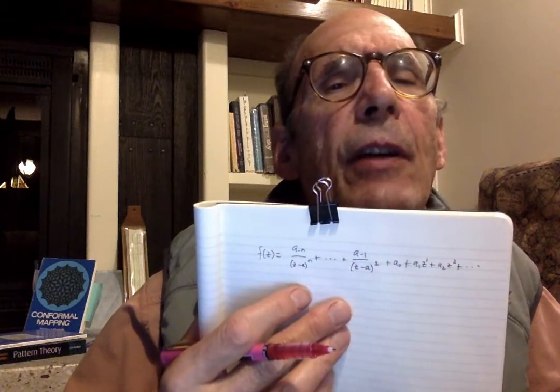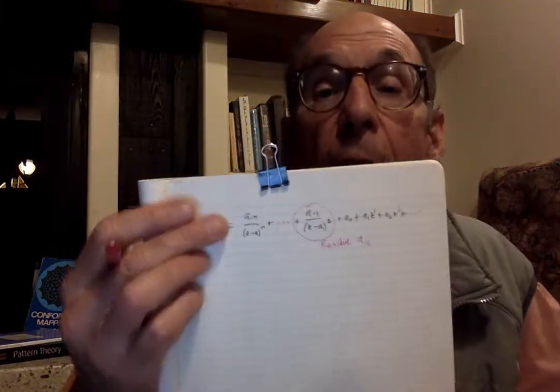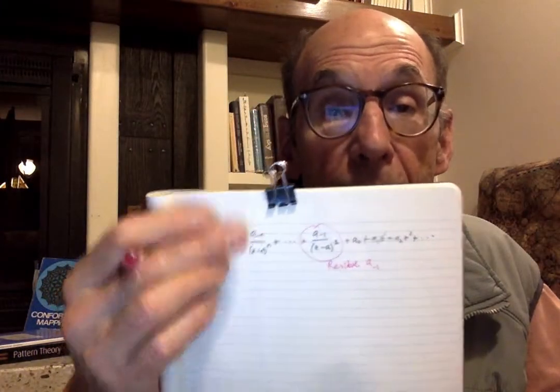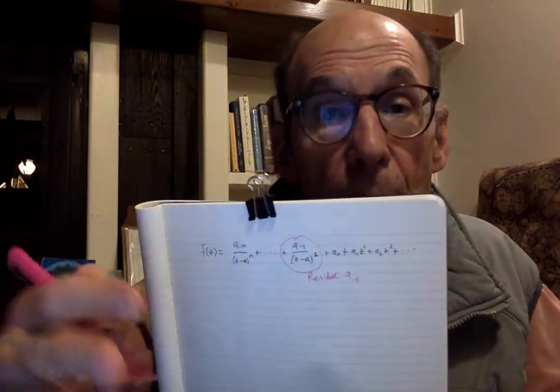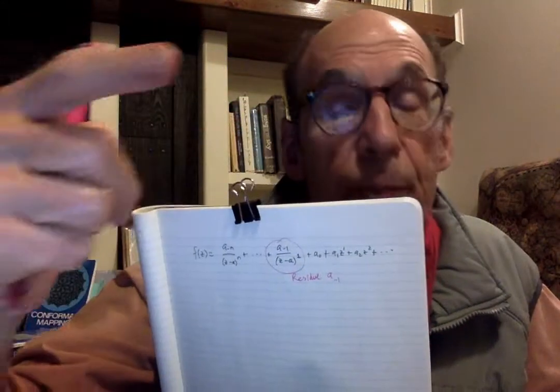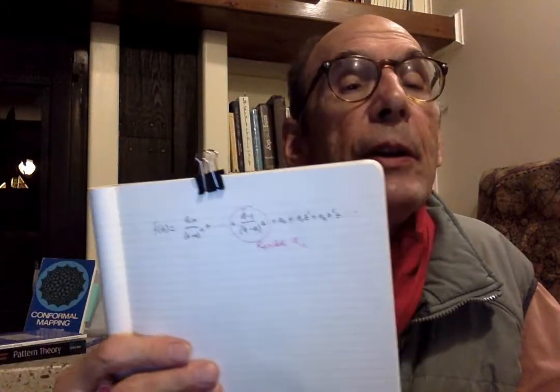I've got a note to myself here that says, look on page 49 of Ahlfors. I think that means 149. So the residue, we'll check this out later, is just a to the minus 1, because by Cauchy's theorem, all of these other things have antiderivatives, and so they integrate to 0 over simple closed paths around simply connected regions.